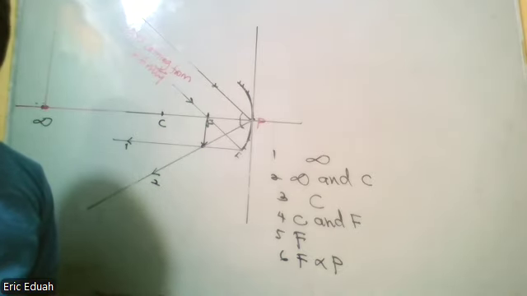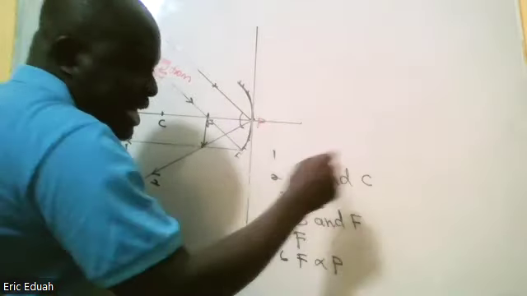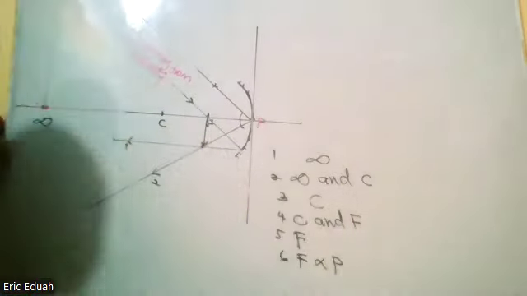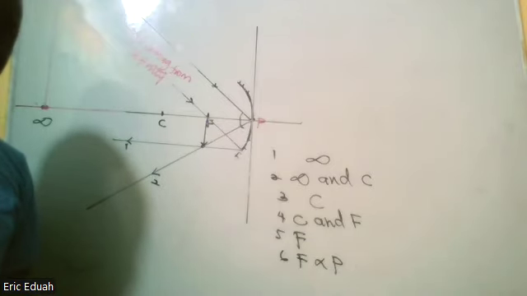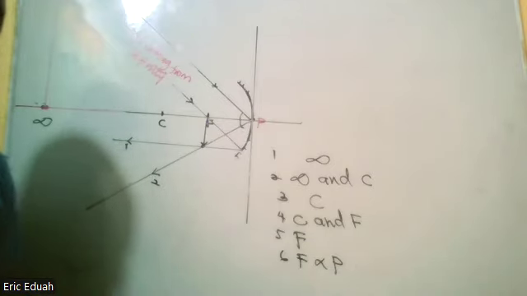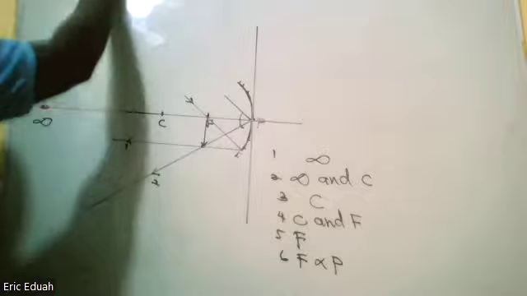Okay. Now, object is between infinity and C, beyond C. Let's describe the nature of the image. If you forget this, a quick sketch can even help you.